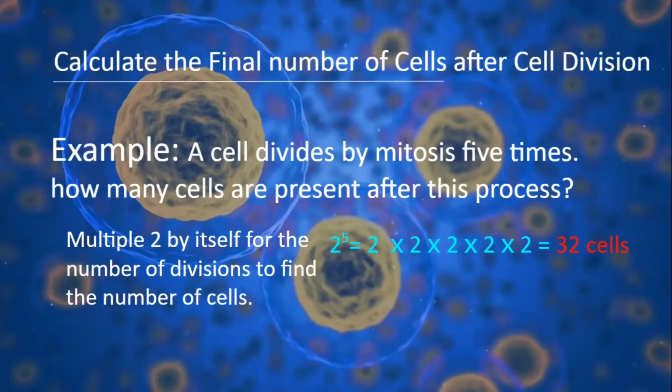For example, if they tell you a cell divides by mitosis 5 times, how many cells are present after this process? So you multiply 2 by itself for the number of divisions to find the number of cells. So 2 to the power of 5, because you have 5 divisions, which gives you 32 new identical cells.